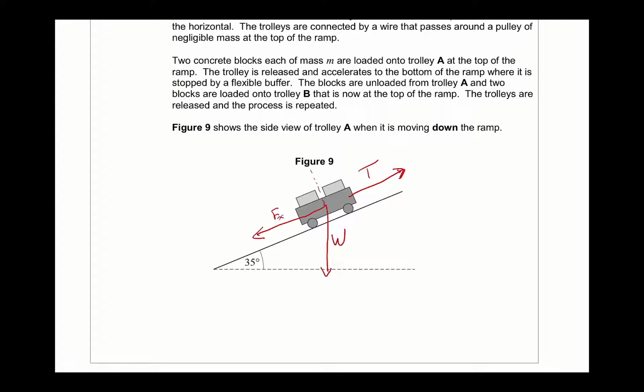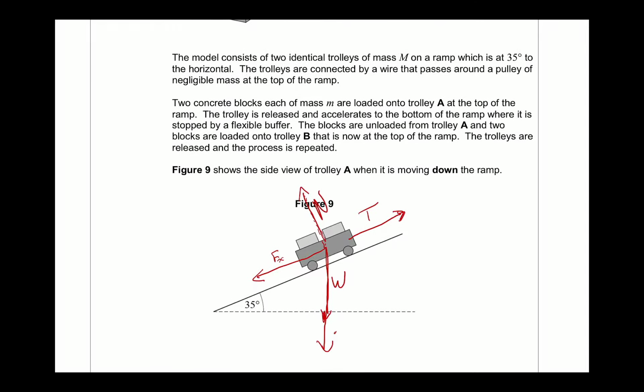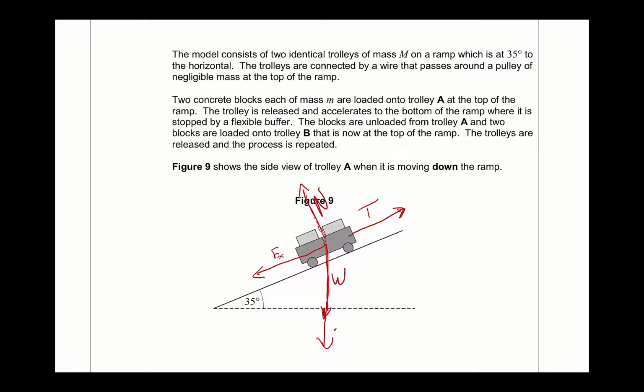And I've got a normal force here. So I would imagine they're going to want some scale to this. So my weight should be quite a bit larger than my tension. Fx down there should be larger than T because we are accelerating.